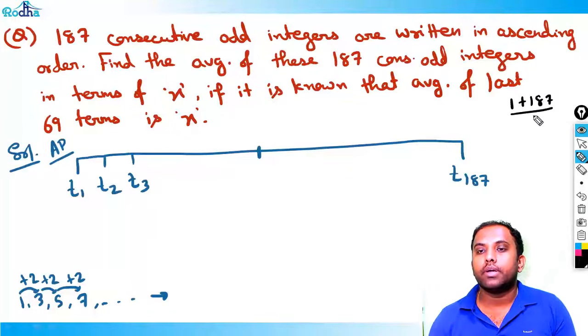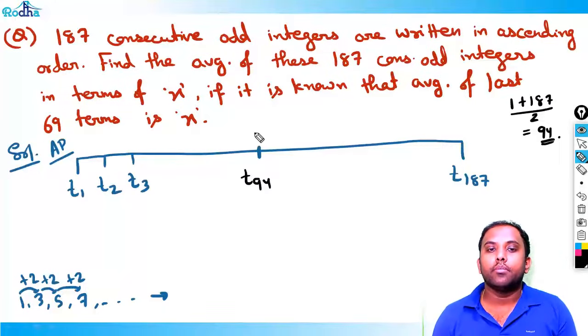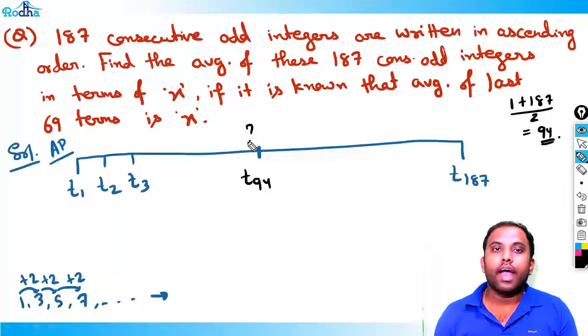First term plus last term by 2, that is 94. That means T94 is your middle term, and you have to find this number. Finding the average means finding the middle term, T94. Fine, first part clear.